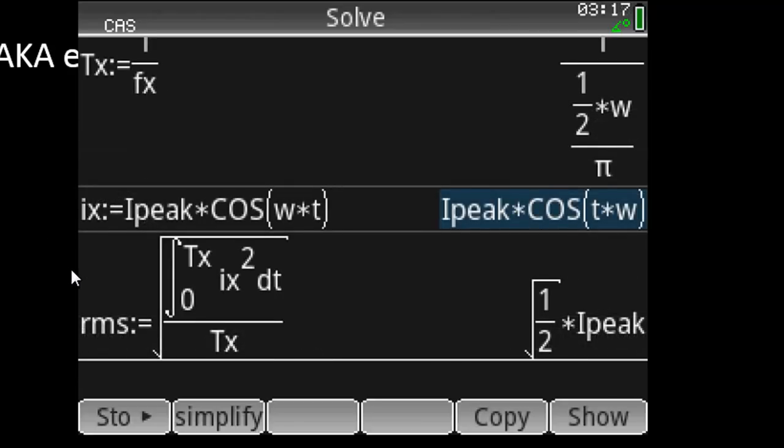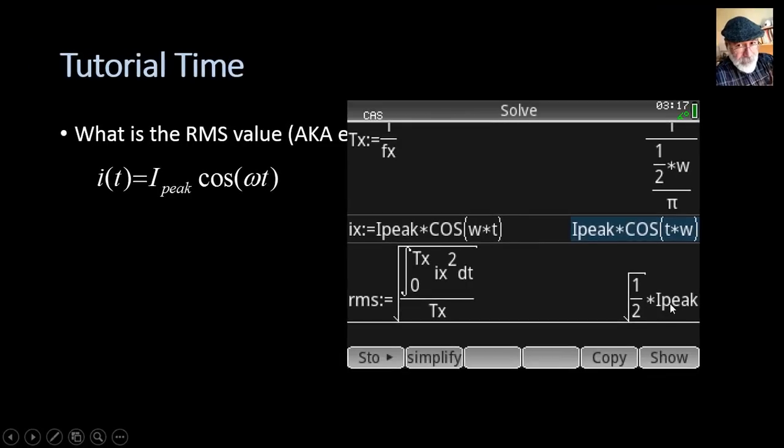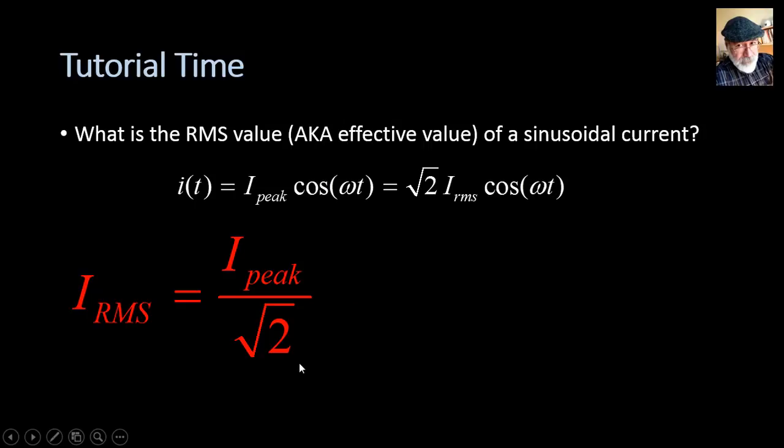Let's find then the square root of the integral of i(t) squared divided by the period. And look, the RMS value is just the peak value divided by root 2. An easy formula to remember. To find the RMS value of a sinusoidal function of time, divide the peak value by root 2.